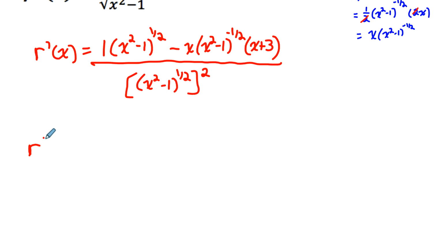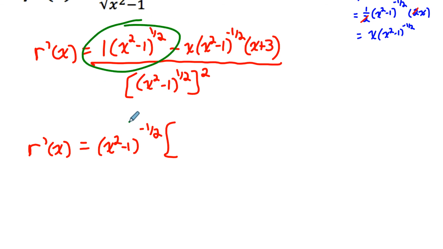So r prime of x equals, let's common factor out an x squared minus 1 to the negative a half from both terms. When I divide this term by x squared minus 1 to the negative a half, my exponent rules tell me to keep the base and subtract the exponents. A half minus negative a half is 1. Minus.